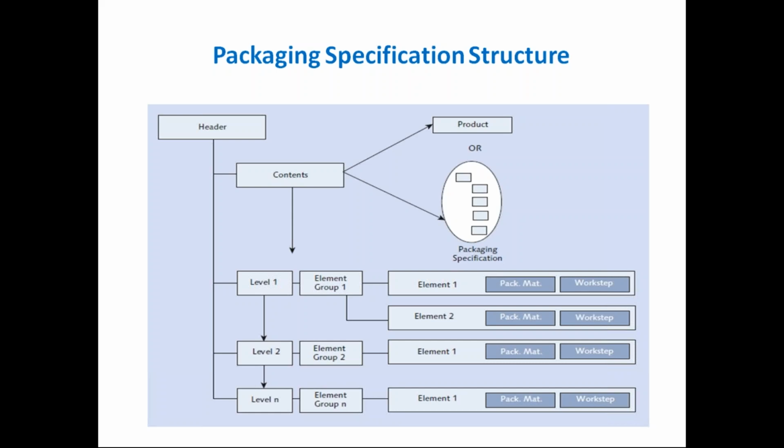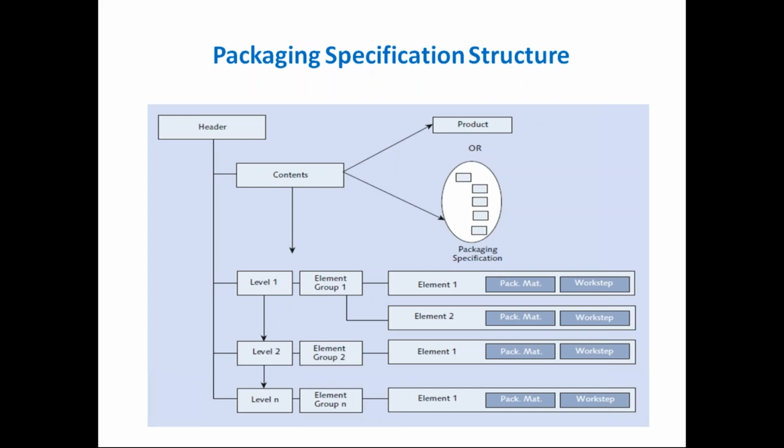If we see here, the highest level is the header structure level. Next, content. At header level, we have the general information like who created it, when it was created, who changed it, etc. Content level is what the contents are inside this packaging specification, either a product or another packaging specification.